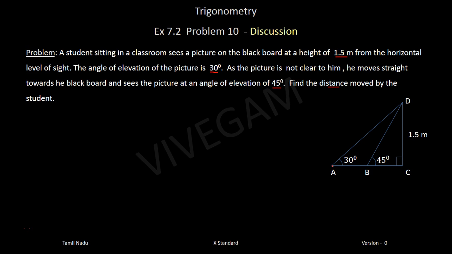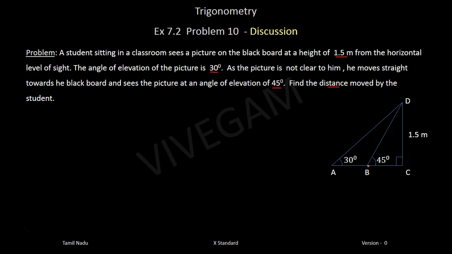Okay, so the student was originally at position A and is seeing the picture, and this is the eye level and this is the line of vision actually. So this is the angle of elevation 30 degrees.